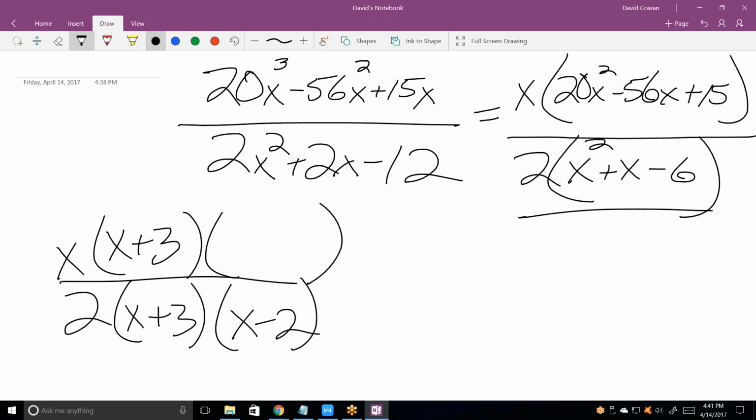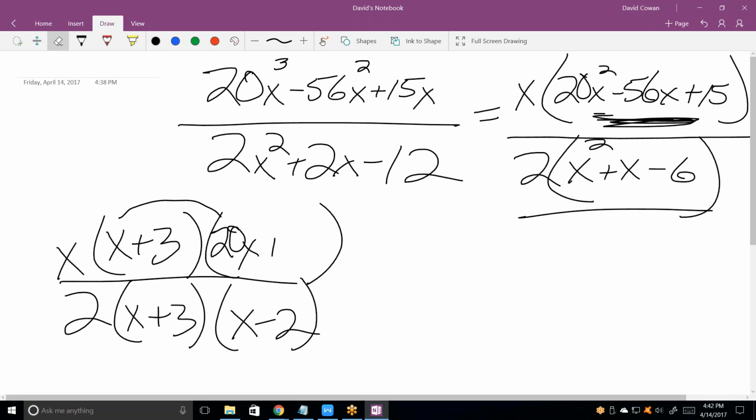What would the other factor be? If one factor of this quadratic is x plus 3, what's the other one? Hold on, the first term would have to be 20x, because these two terms need to multiply to 20x squared. Okay. And the next term, these have to both be minuses.